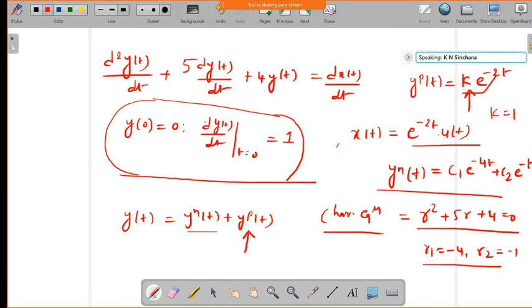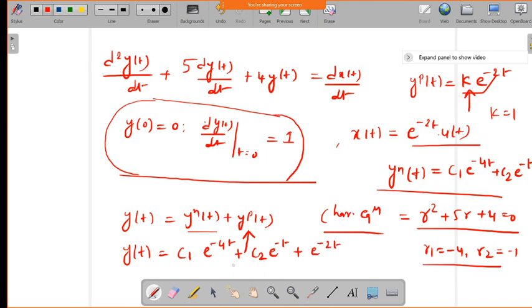So, now what is the particular solution? It is 1 into e power minus 2t, and the complete response will be given by C1 into e power minus 4t, okay, plus C2 into e power minus t plus k is 1, so e power minus 2t. This is the particular solution. So, this is the complete solution of the differential equation.